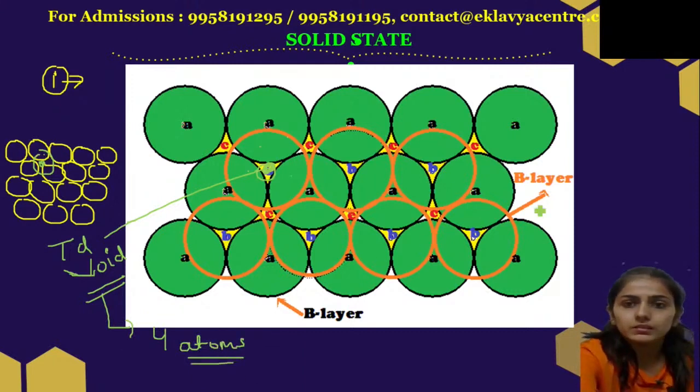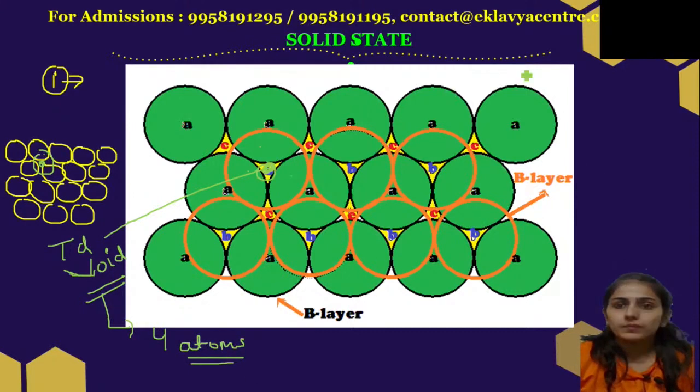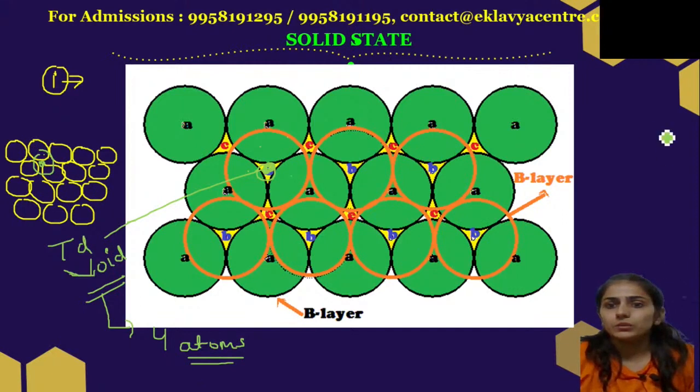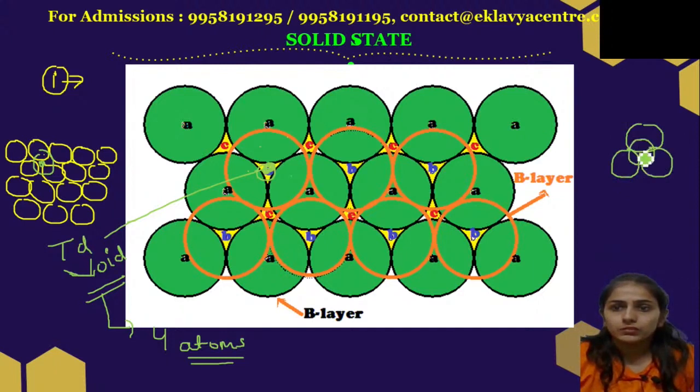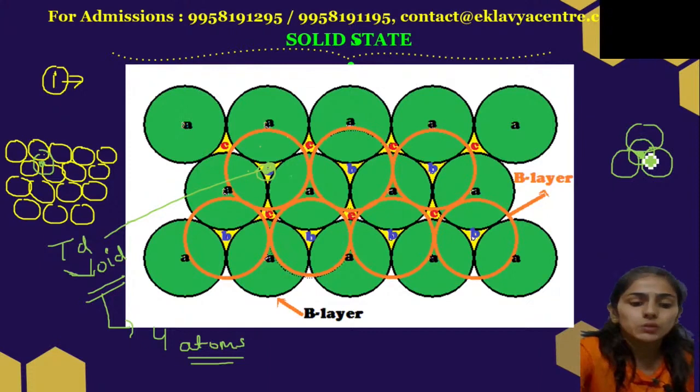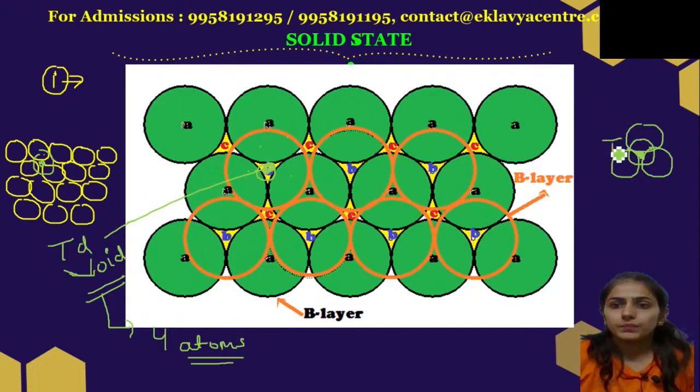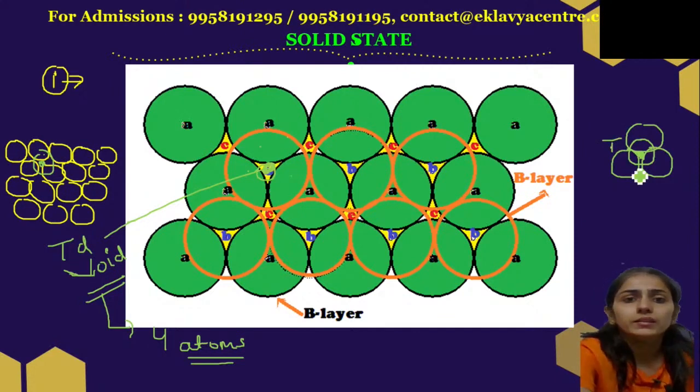Simply try to understand it like this: 1, 2 and 3, and above these we have the 4th layer, so this is a tetrahedral void. Similarly, I'll teach you what an octahedral void is, and we'll represent it as T. These are triangular, right? Can you see the triangular shapes?